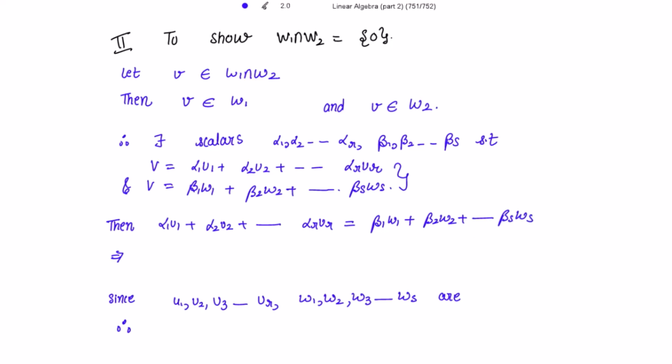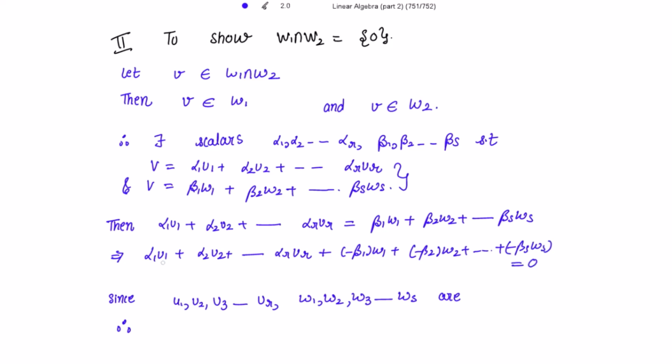Taking all these to the left hand side: alpha 1 U1, alpha 2 U2, and so on, alpha r Ur, minus beta 1 W1, minus beta 2 W2, and so on, minus beta s Ws is equal to 0.